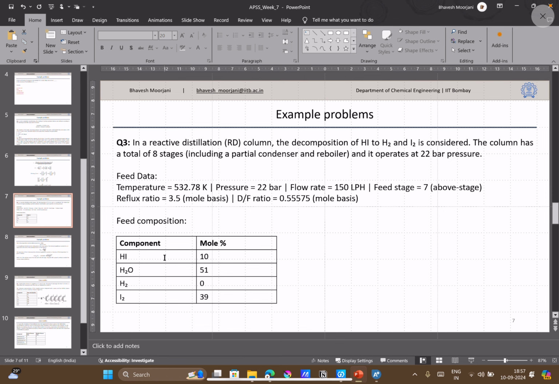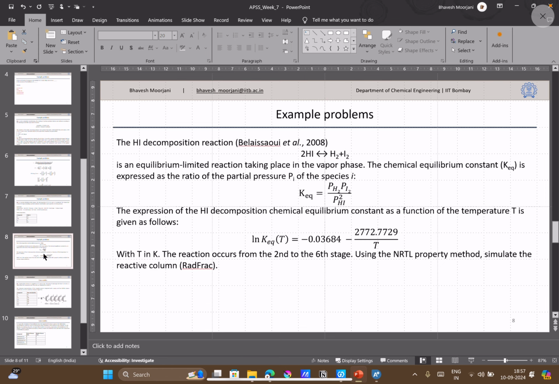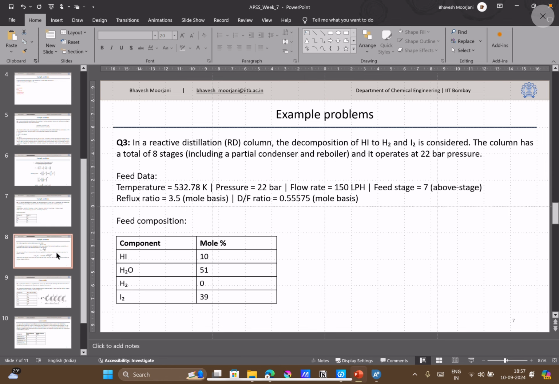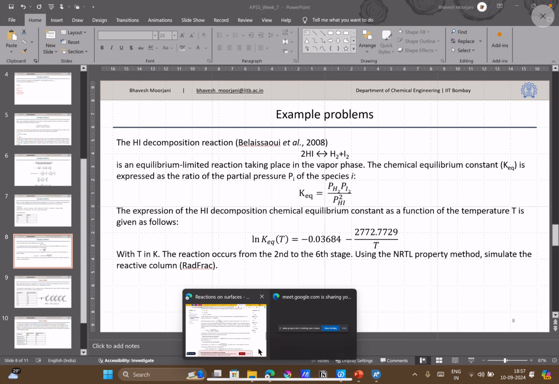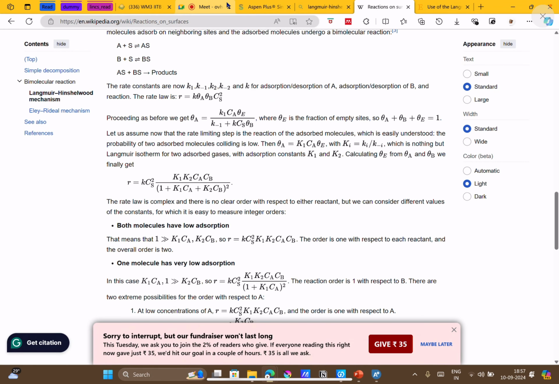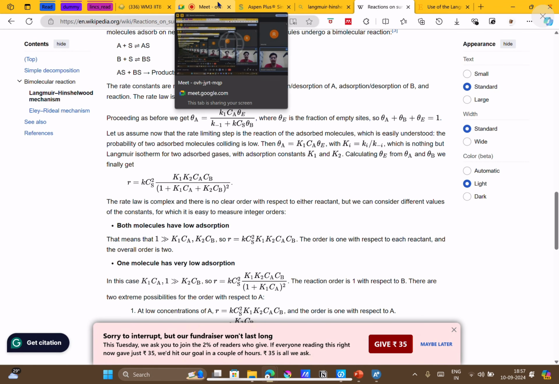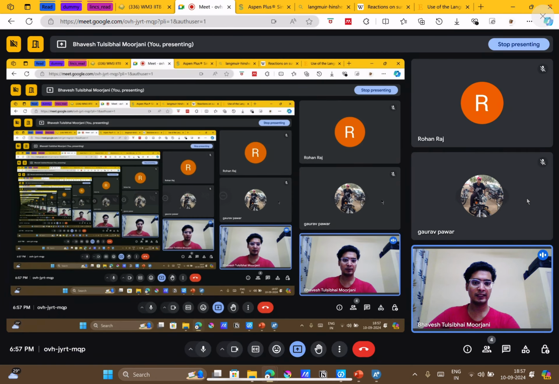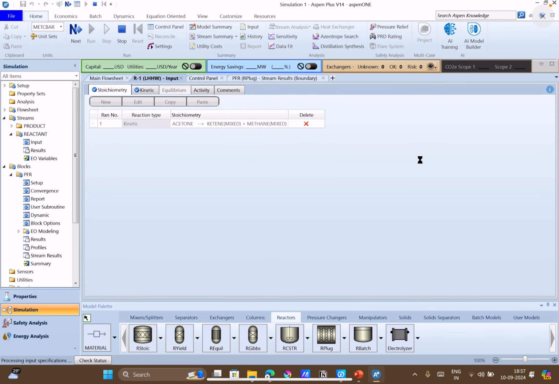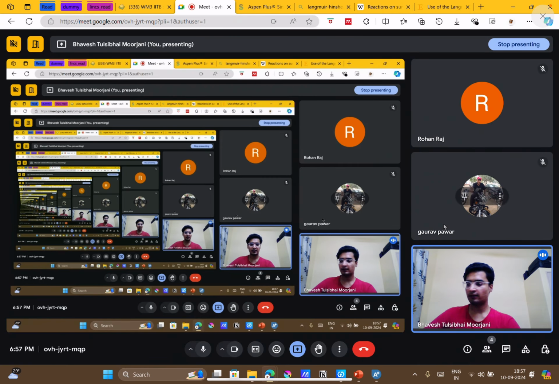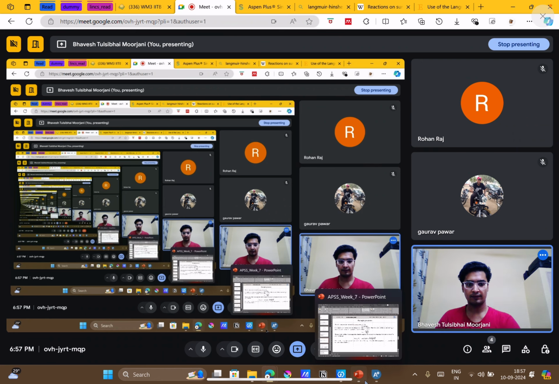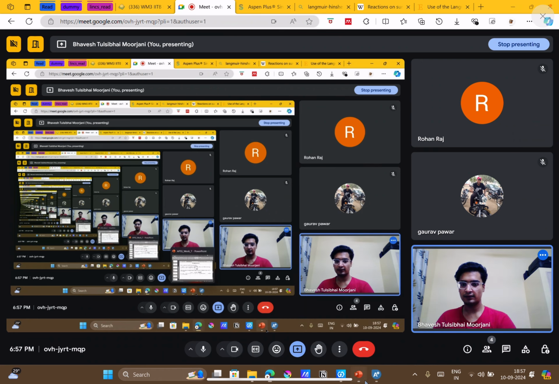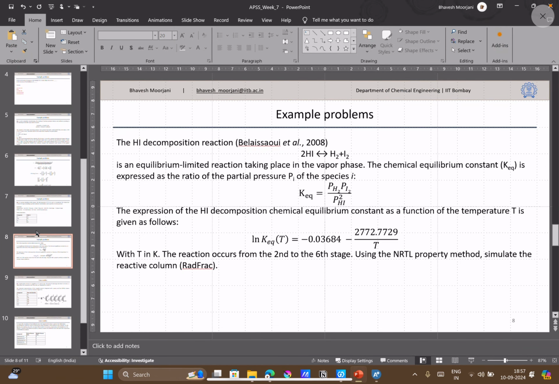Let it load. For this third problem, for the reactive distillation part, do any of you want to do it on your PC, or should I do it on my PC only? If you have access to Aspen Plus and would like to share your screen. Question number 3 I am saying, which is for the reactive distillation column.